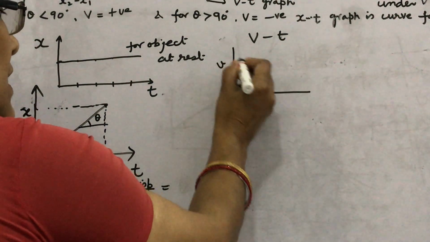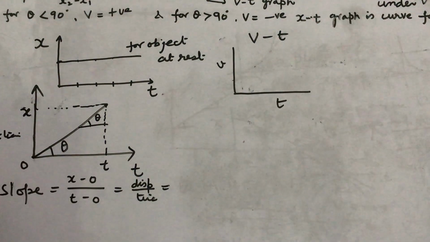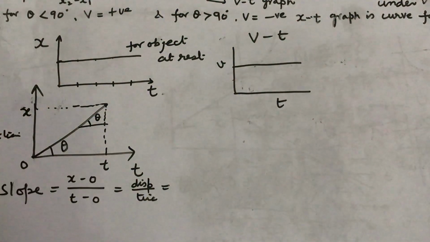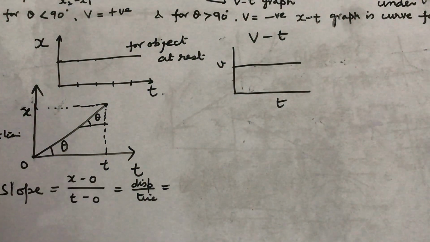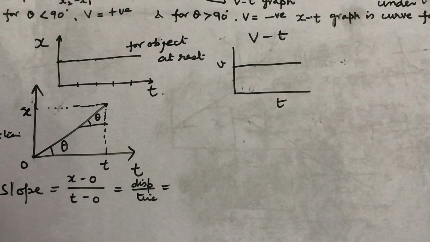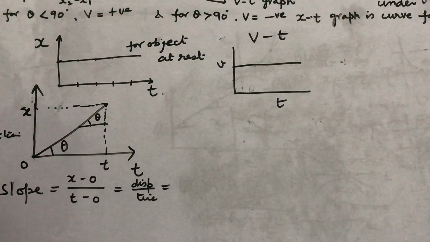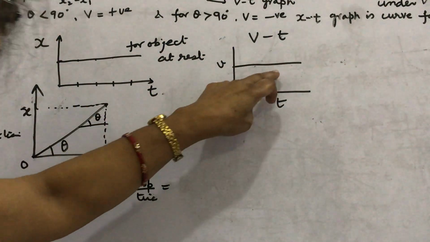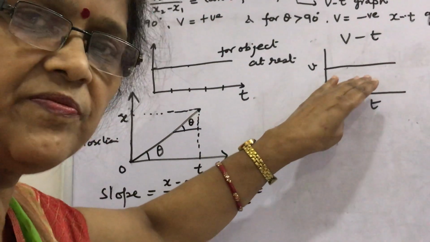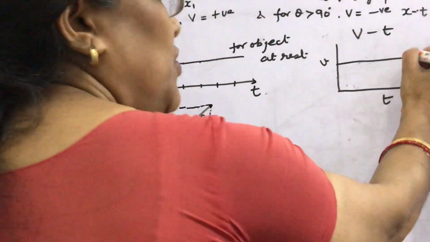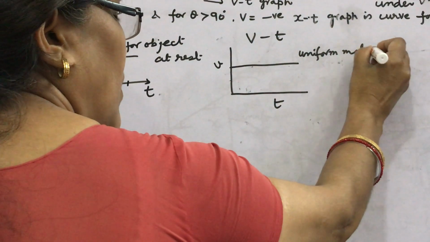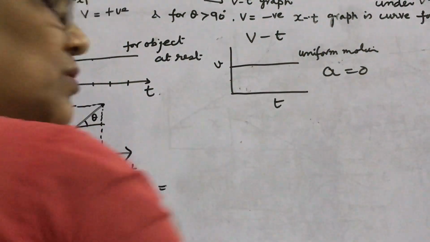This is velocity and this is time. Velocity is constant, then the line is parallel to the time axis. What will you comment for this graph? What will be the acceleration? Think, if velocity is constant and acceleration is the rate of change of velocity, will it change? Velocity is constant. So, here you can say that this is the graph for uniform motion, or acceleration is 0.